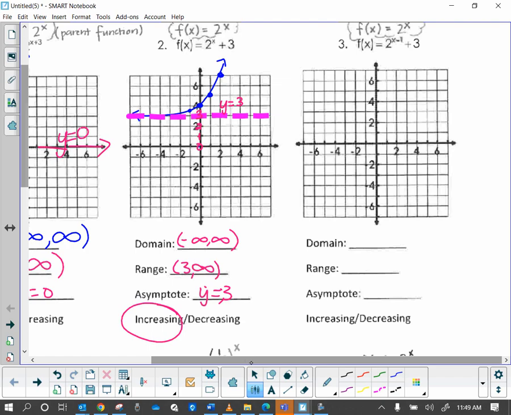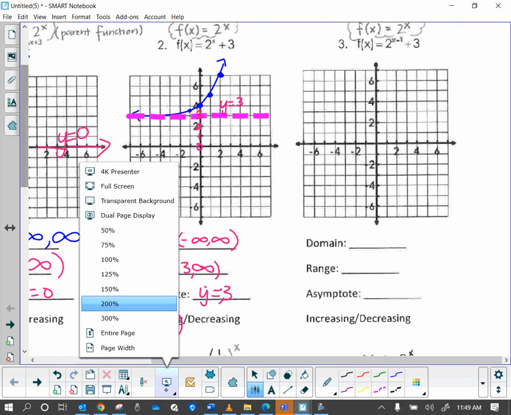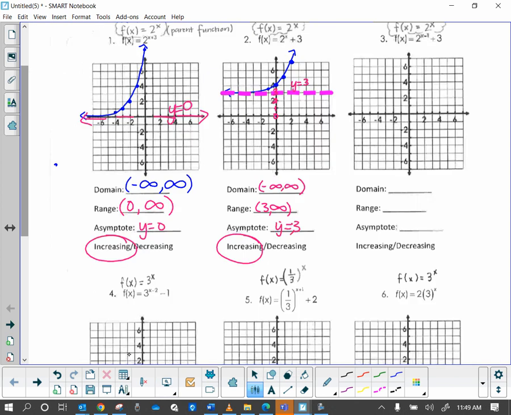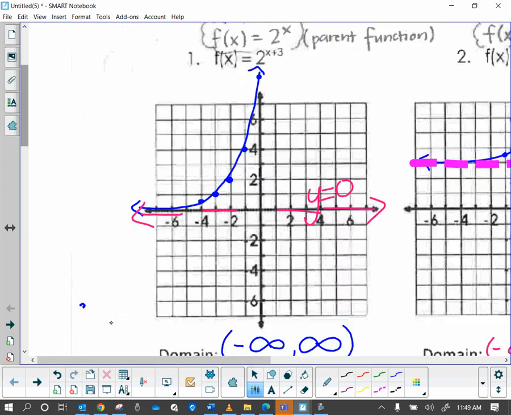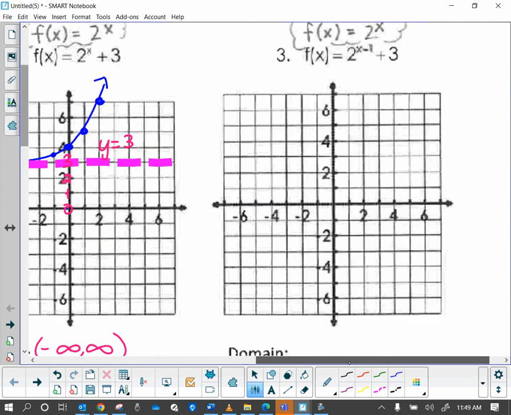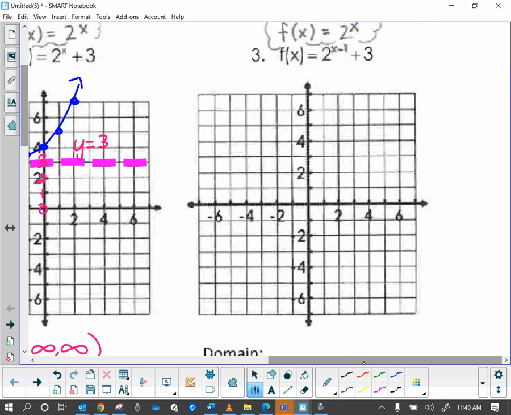So let's zoom in. Okay, our points were 0, and then up to 3.5 is going to be between 3 and 4. So 0, 3.5, 1, and 4. Then we had 2 and 5, and then 3 and 7.